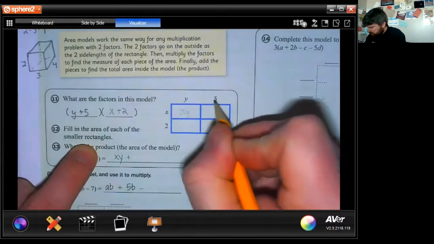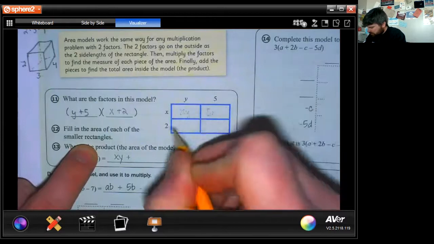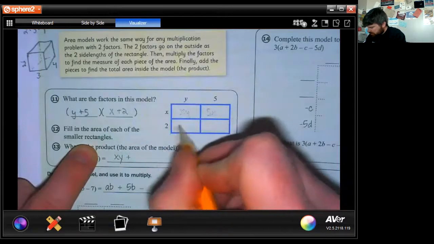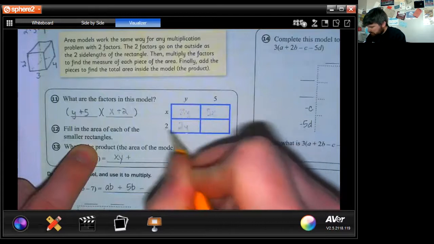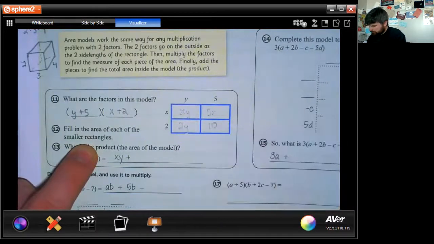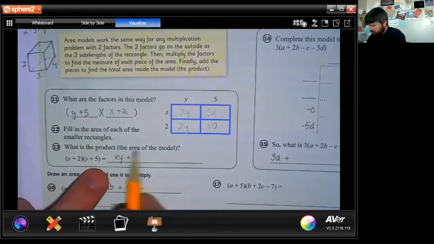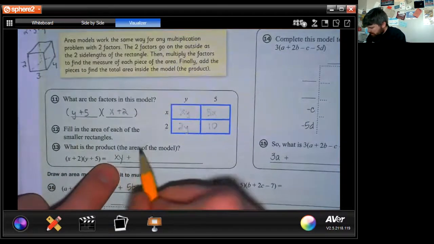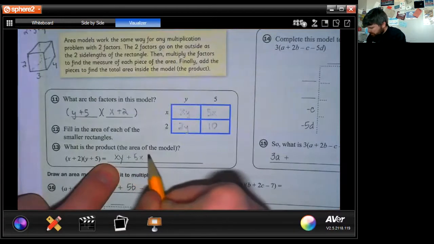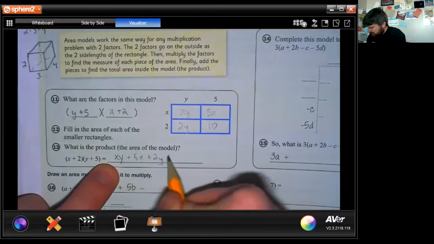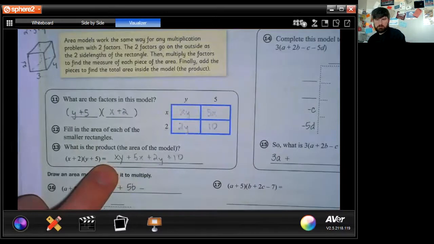X times 5 is 5x. Y times 2 or 2 times y is 2y. And 2 times 5 is 10. What is the product or the area of the model? So you got xy plus 5x plus 2y plus 10. And again, the order here doesn't really matter.